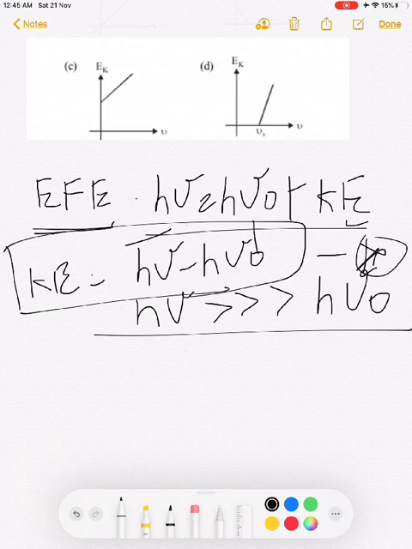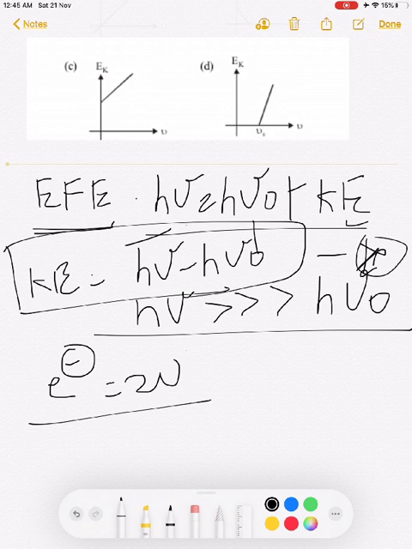If an electron needs 2 units of energy to move, but the energy supplied is lesser than 2 units, then it will not move, and it will stay at rest. So the initial energy should be strictly more than the threshold energy.